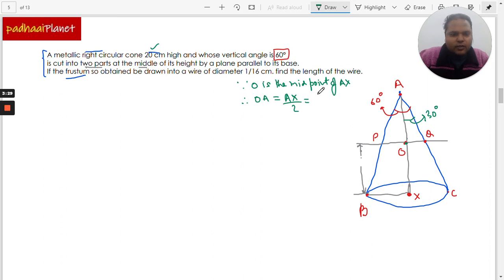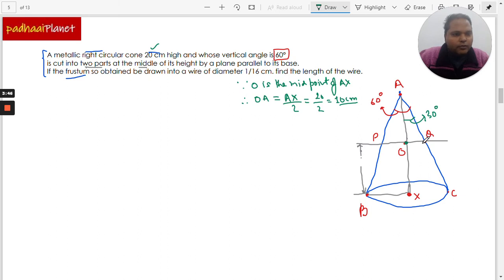So that's 20 over 2. So we got 10 centimeters.